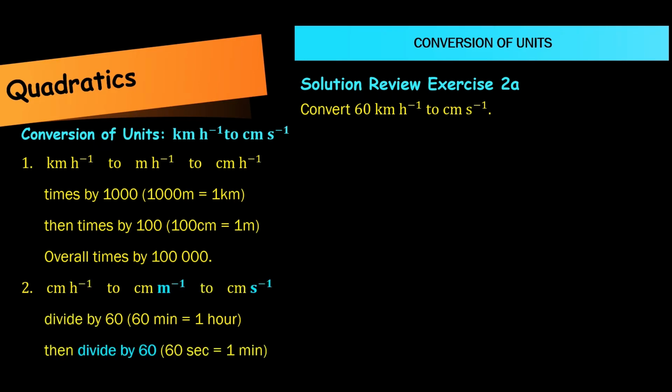And when we're converting from centimeters per minute to centimeters per second, we divide by 60 again because there are 60 seconds in 1 minute. So the overall effect is that we're dividing by 3,600.